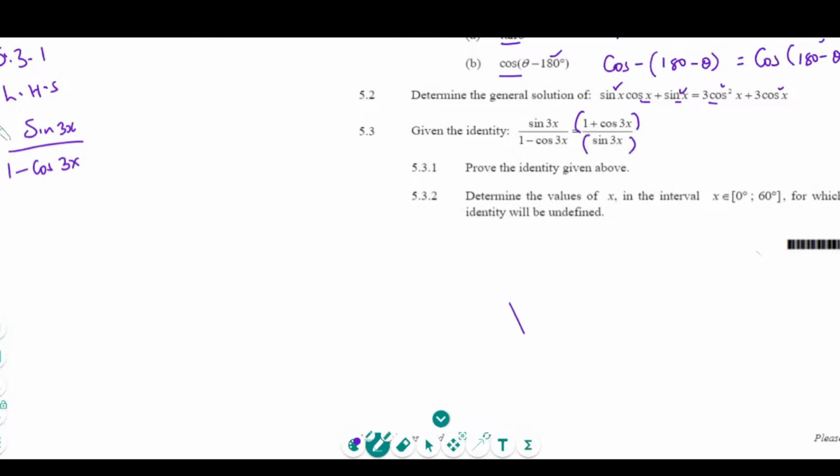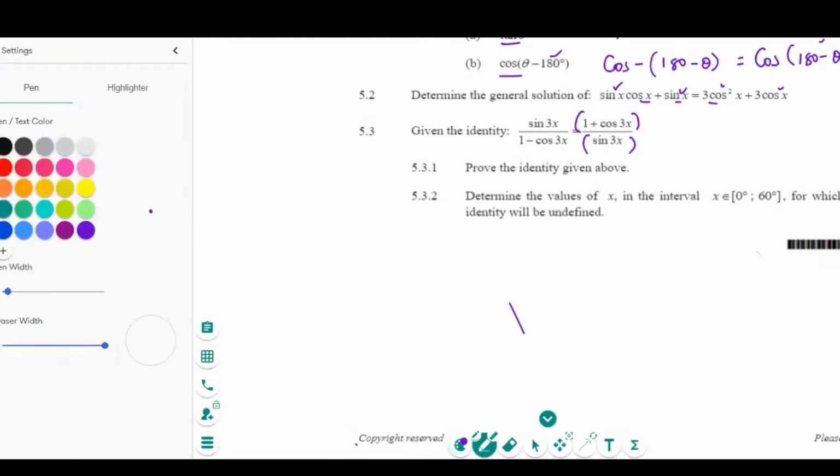Okay, so what do I need to do? Looking at the way things are, I can choose to multiply. I don't know if that's going to help me or save us.